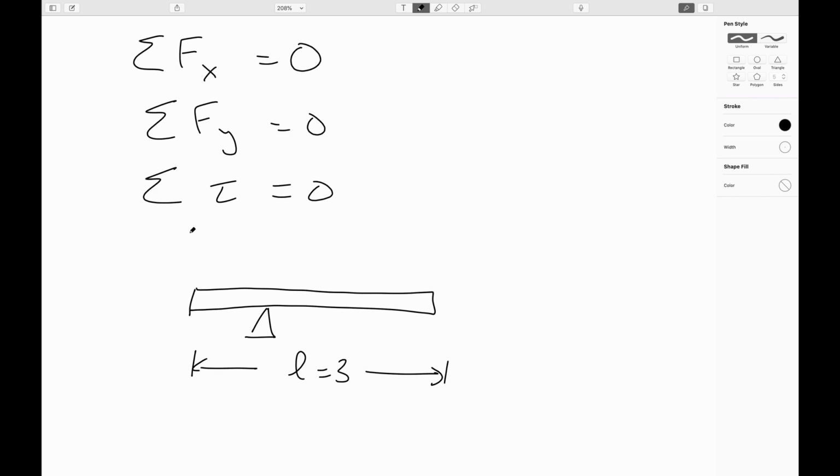We're going to put a big kid on one side of the teeter-totter. We'll say mass of 50 kilograms, just like before. And a little kid on the other side of the teeter-totter.